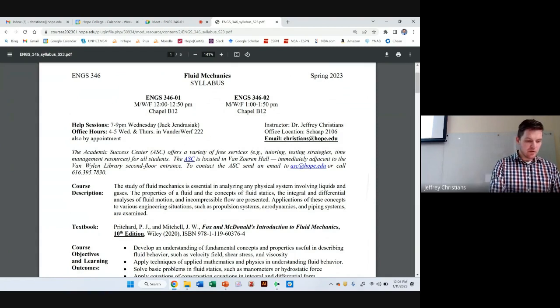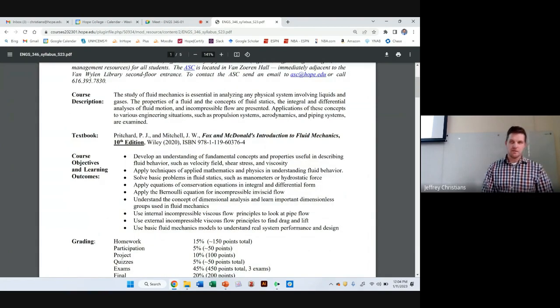Our textbook, you should have gotten, is a virtual textbook that goes with the course. I know a couple of people talked to me about old editions, like the 9th edition, if you wanted a hardcover. I think that's the last one where they actually printed a hardcover, which is a little sad to me. But if you have the 9th edition, you can certainly use that for the class. It's going to mismatch homework problems in some places.